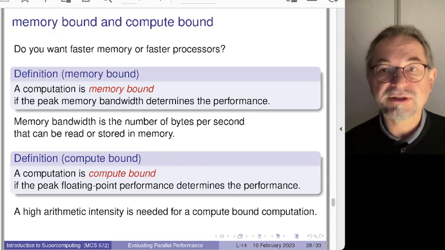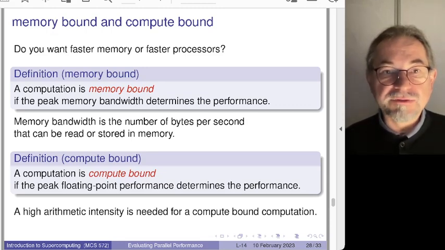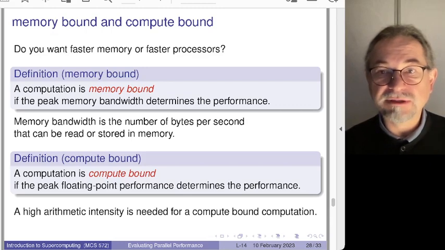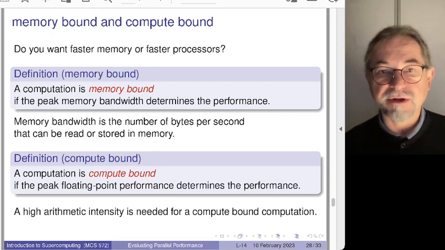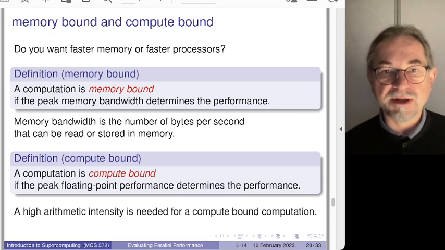Most operations are actually memory bound. A computation is memory bound if the speed of the memory, expressed in the number of bytes per second for memory moves, so the memory bandwidth, actually determines the performance of a computation.